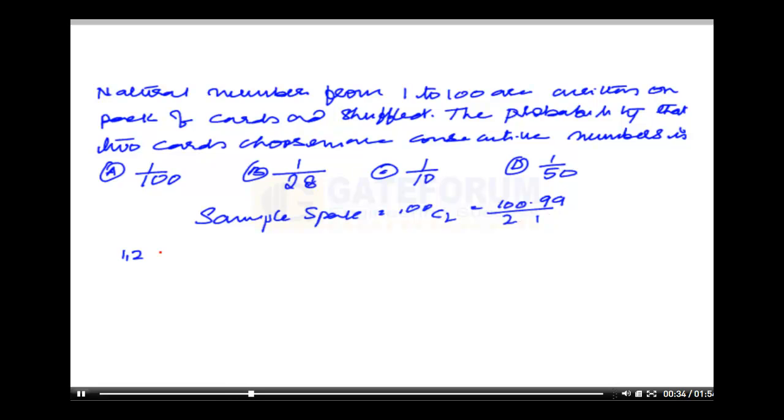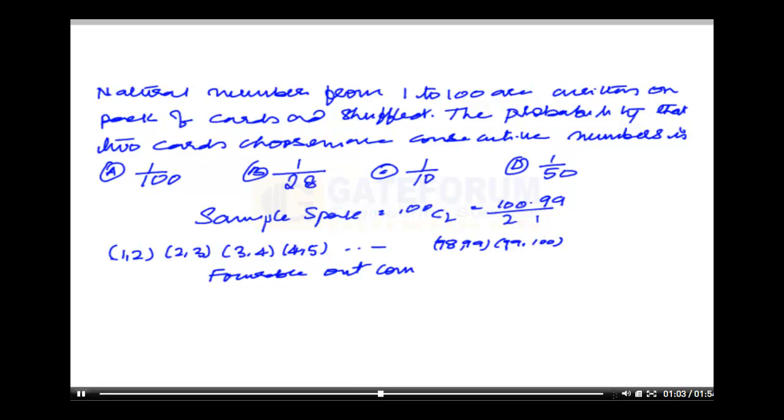Means the numbers may be 1, 2; 2, 3; 3, 4; 4, 5; and so on up to 98, 99; 99, 100. So if you observe here, totally 99 favorable outcomes are there.